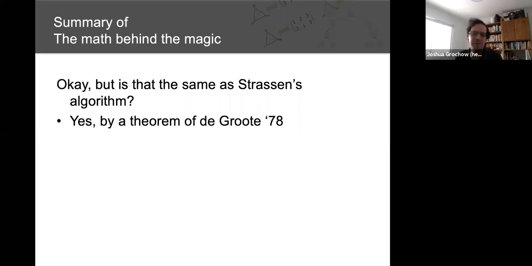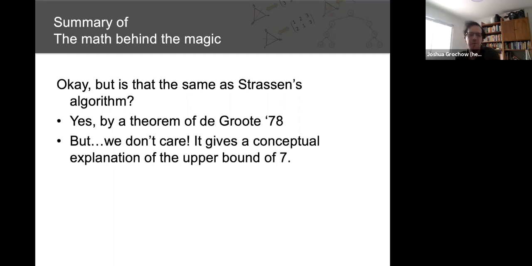So by this very powerful theorem, yes, it's the same up to change of basis, because it also has 7 multiplications and it had to be. But the real thing is, we don't actually care. What we really cared about was giving some nice mathematical object, some conceptual explanation of where 7 comes from for 2 by 2.